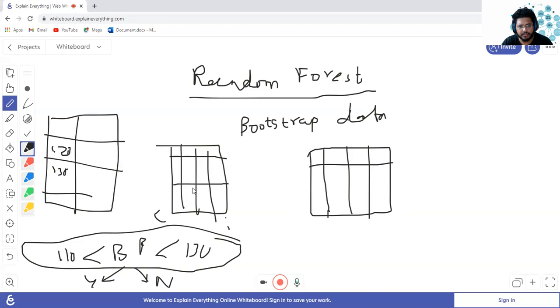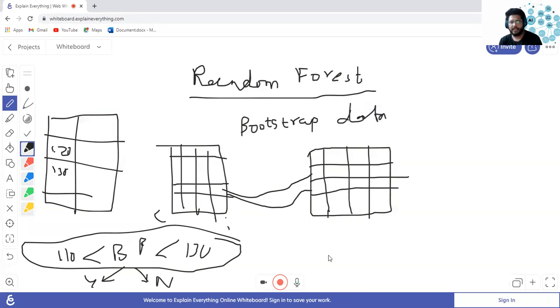Suppose I chose this row here, then I can also choose this row again. So you take a subset of the original data. This is called the bootstrap data.